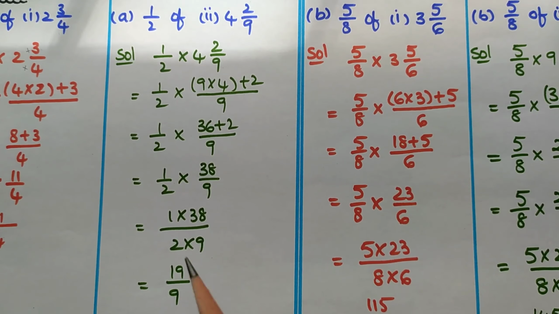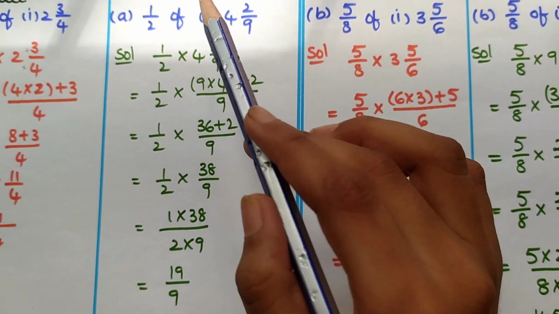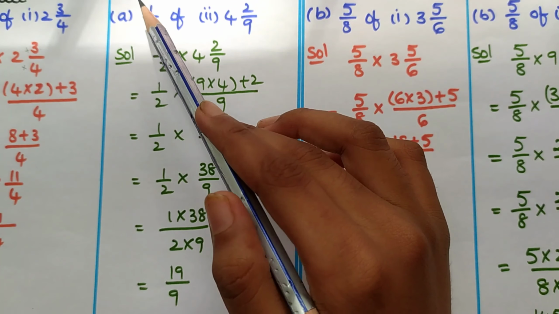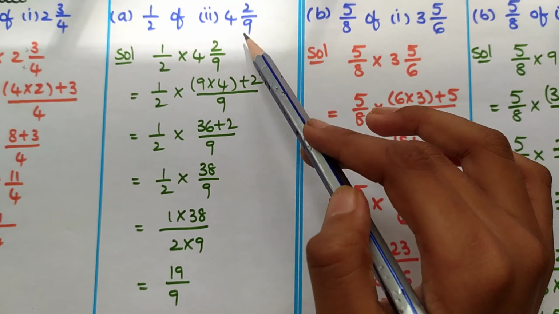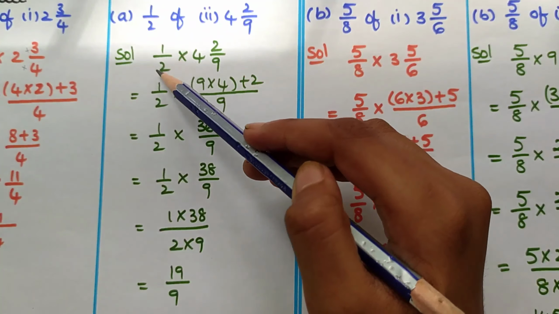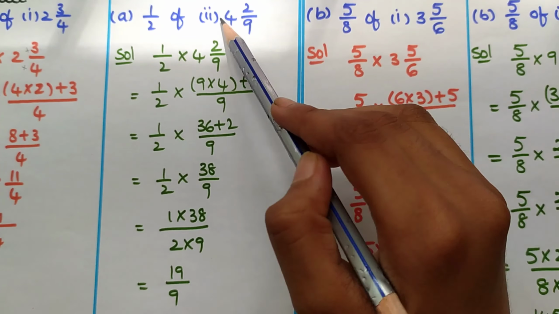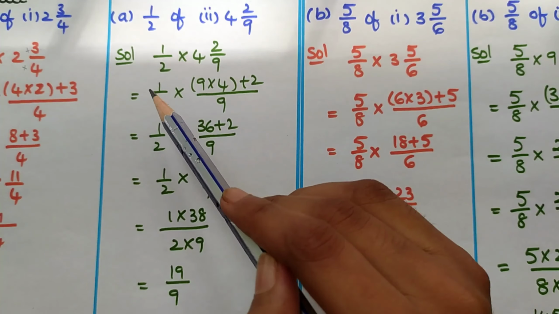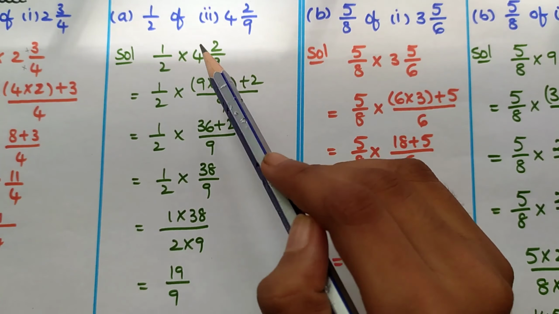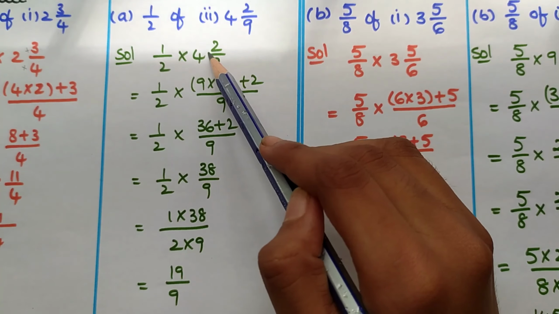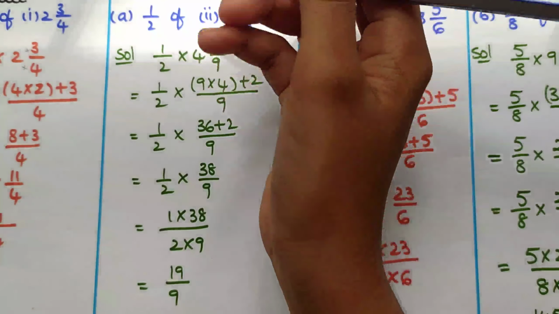Okay friends, now let us see the second sub bit. 1 by 2 of 4 2 by 9. So 1 by 2 of can be written as into 4 2 by 9. 1 by 2 into 4 2 by 9 is a mixed fraction. So let us convert this mixed fraction into an improper fraction.